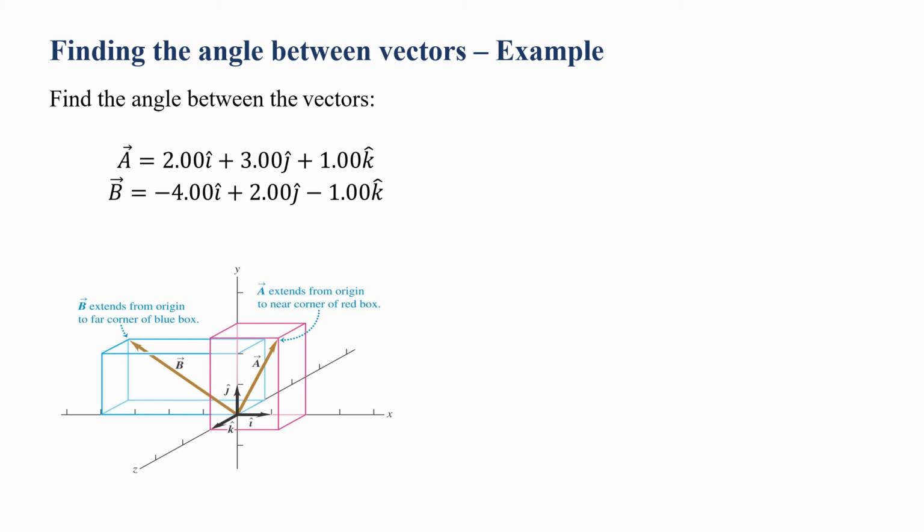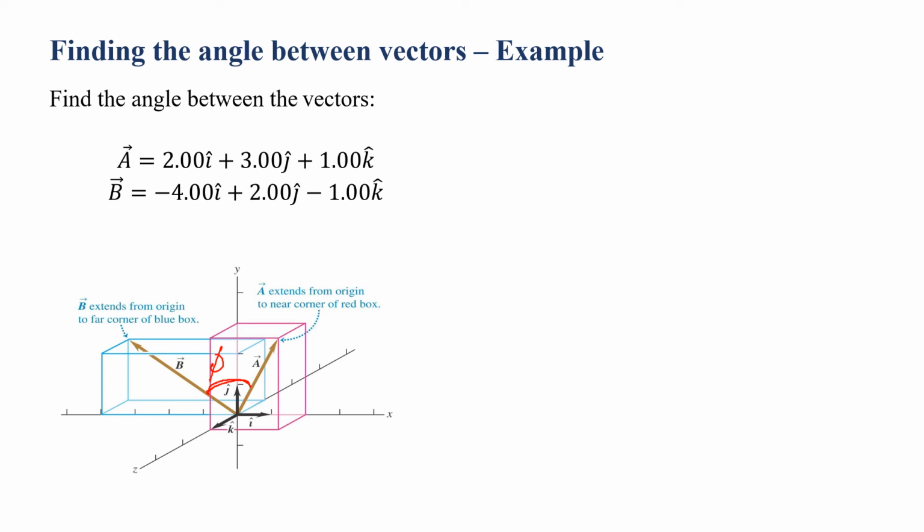If you're going to draw your vectors in the xyz plane, this is how it will look like. So you have here your vector a and then your vector b. And our target here is to find the angle between the two vectors, which is this angle here. And we call this angle your angle phi.